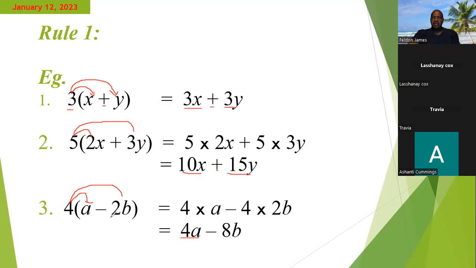So 4 twos are 8, and then we put back the b. Or if you want to treat it as we have been doing, you say 4a, keep the sign in the middle, and then 4 times 2b gives you 8b. All right, is that clear?